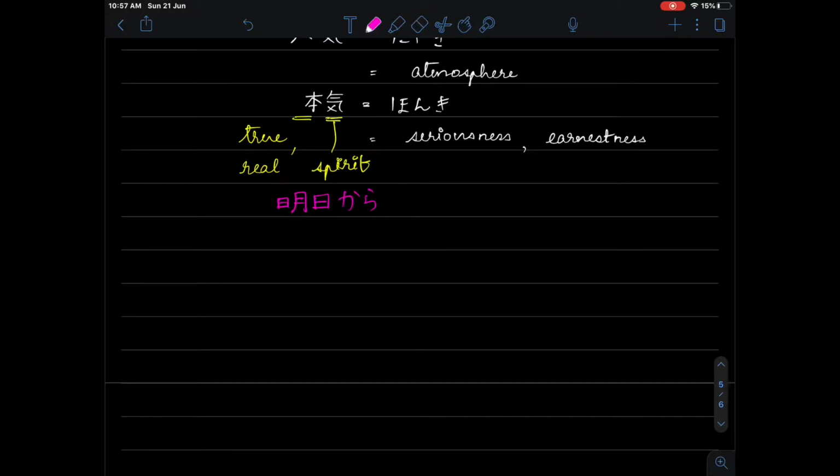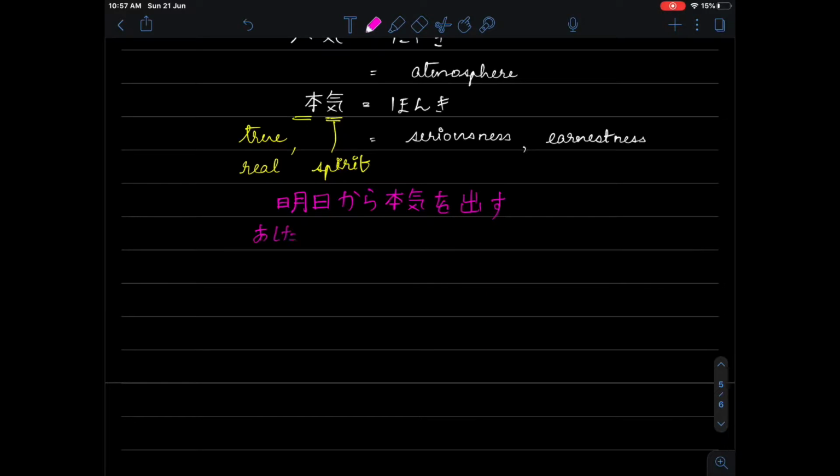Let me rewrite that better. I hope you can read this. This is all kanji we have covered.